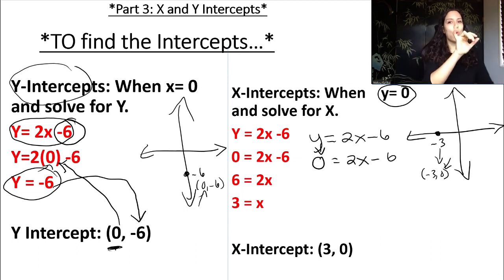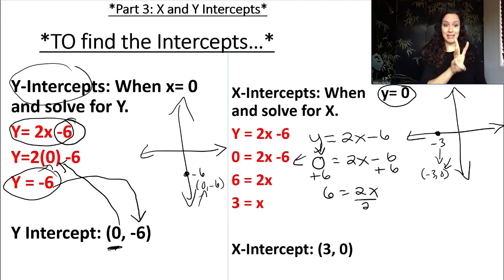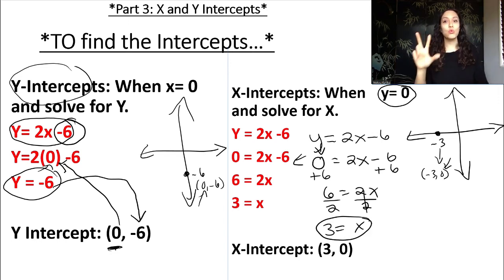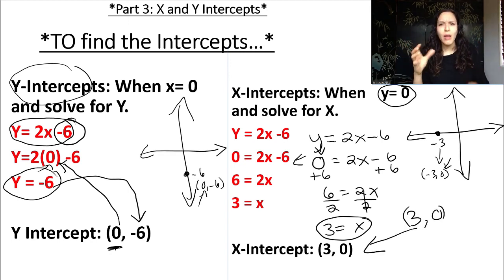That's what it's showing just right here on the left in red. So then I add 6, so 6 equals 2x, divided by 2, divided by 2, x equals 3. So then if my x value is 3, what did I plug in for my y? 0. So my x-intercept is 3, 0.